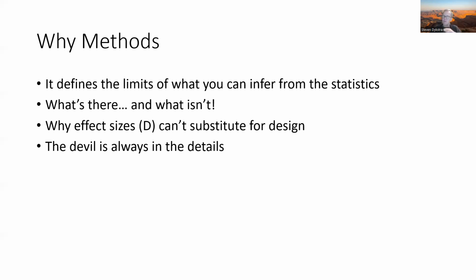We did nothing for them, but the other group got program X. That's a very different study than if that group got program X and the other group got program Y, and X was better than Y. Now we can say X is better than Y. Before we could only say X is better than nothing. It's better than doing nothing.